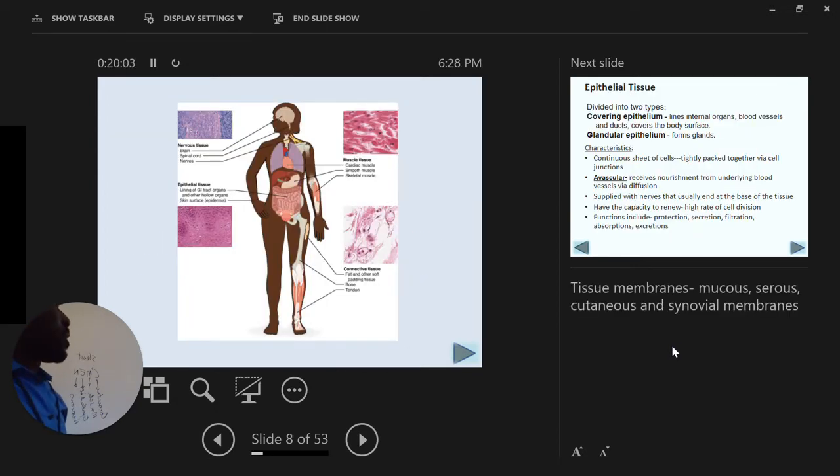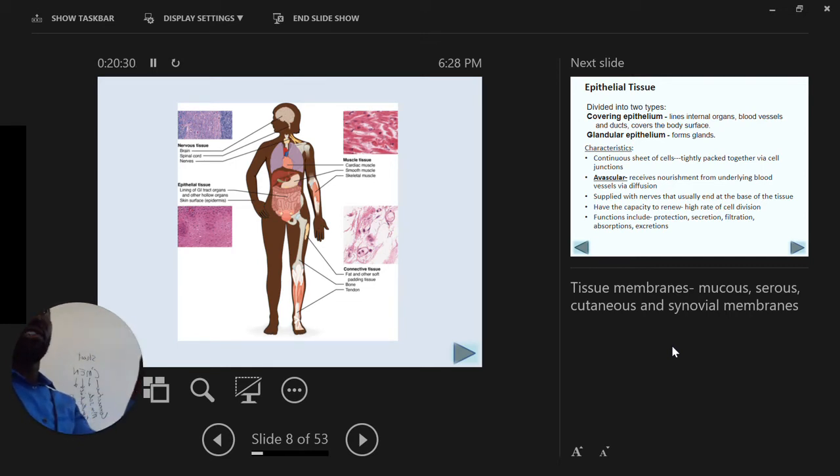So these are epithelial tissues. You see them, they line your GI tract. Epithelial tissue covers the outward body, so your skin is epithelial tissue. Another thing they do is line your organs. They have the covering on your organs.